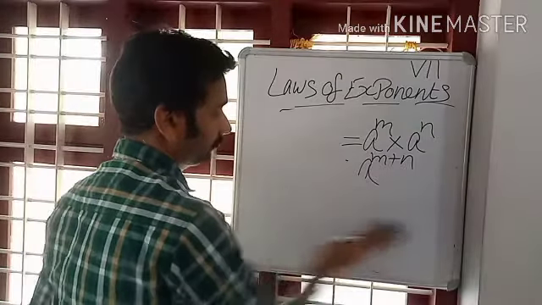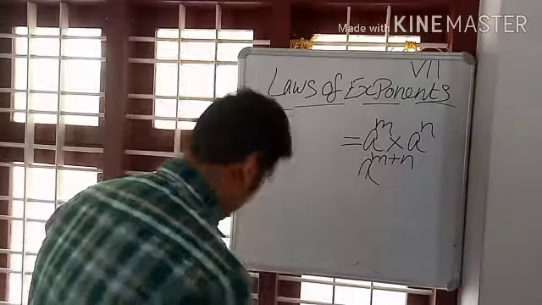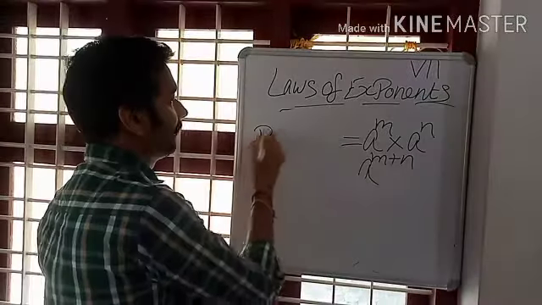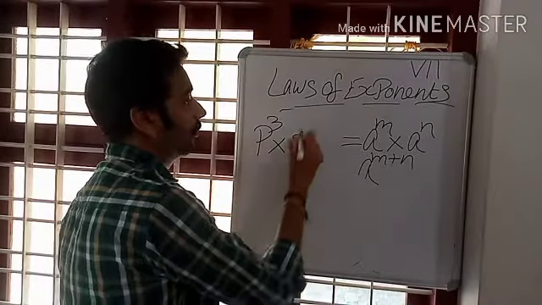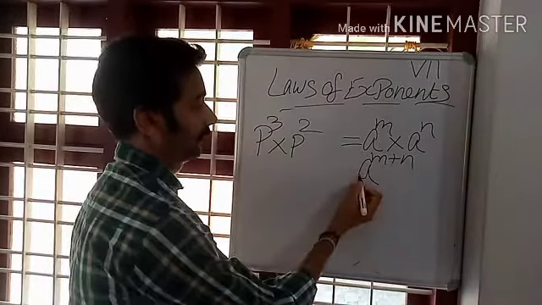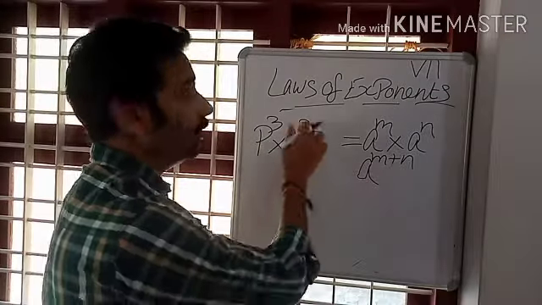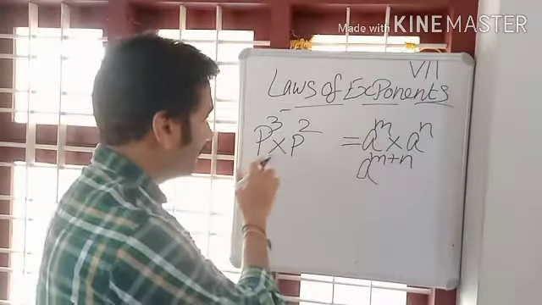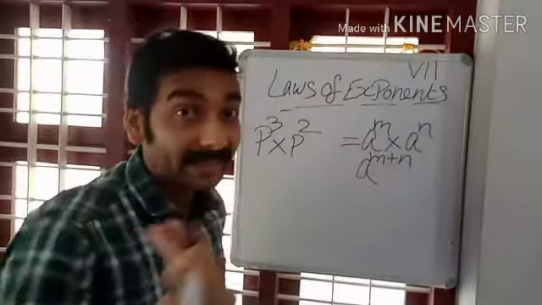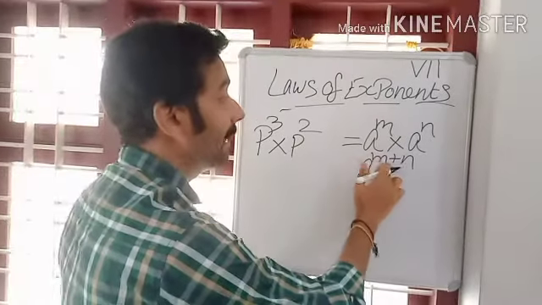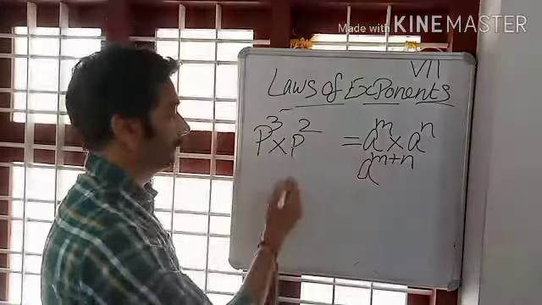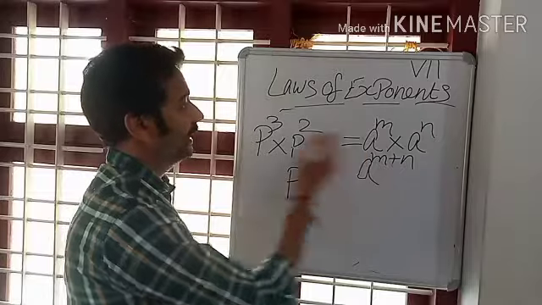Then another example is p raised to 3 into p square. That means a raised to m into a raised to n. Base is same. That means result is a raised to m plus n. A is p. P raised to m plus 2.